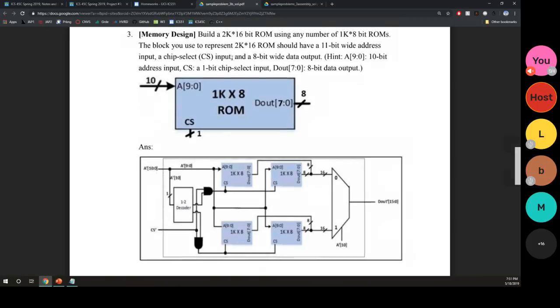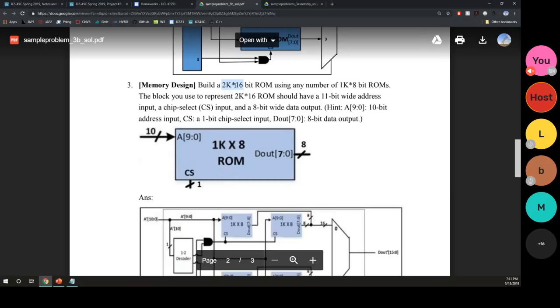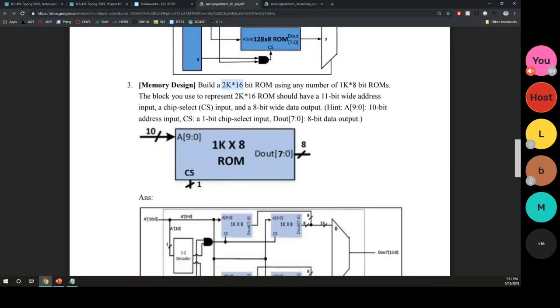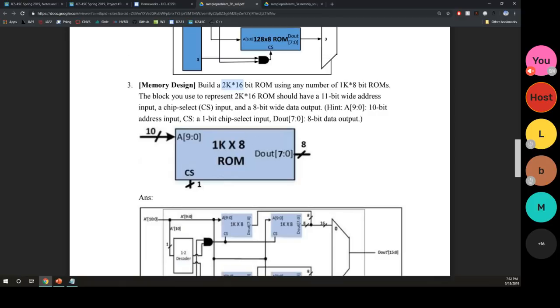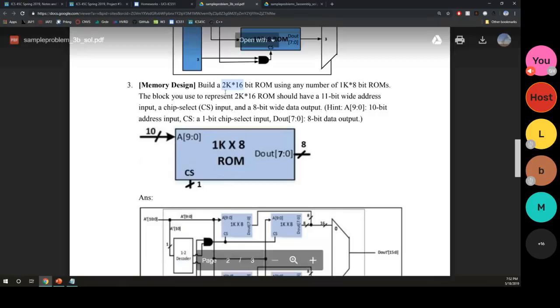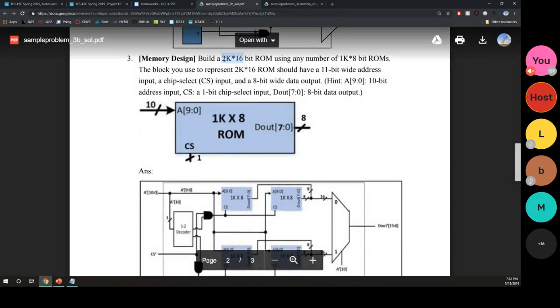The first number in this section is how many register files, and the second number is how many bits. If you start off with only 1024 register files where each one is 8 bits, and you want 2048 register files where each one is 16 bits, we already built a 2000 by 8-bit ROM.